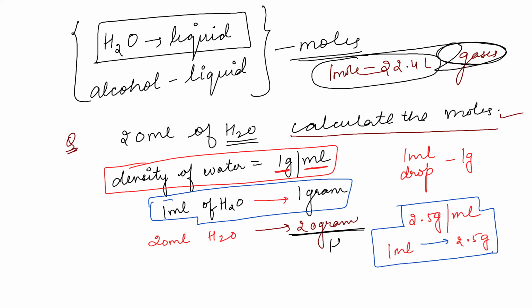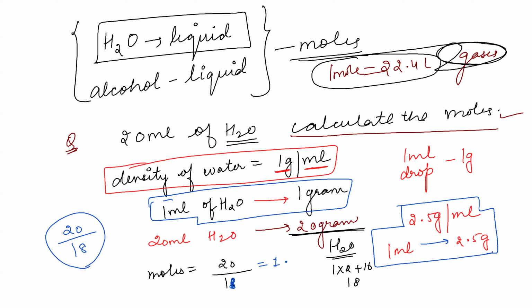When you know the mass of water, how do you calculate the moles from the mass? The given mass divided by the molecular mass. What is the molecular mass? 1 times 2 plus 16, and that's going to be 18. So it's 20 divided by 18.